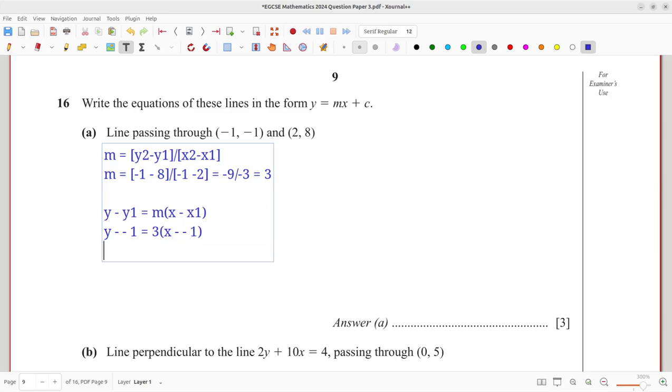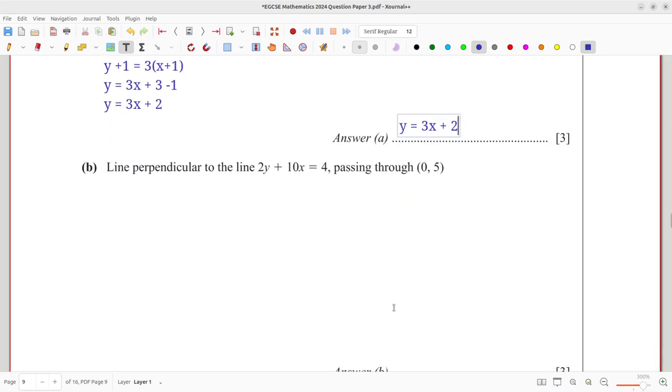Then this thing is giving you y plus 1 is equals to 3 into x plus 1. Then taking 1 to the other side, this is y is equals to 3x plus 3 minus 1. Then this one is telling you that y is equals to 3x plus 2. That's your equation.